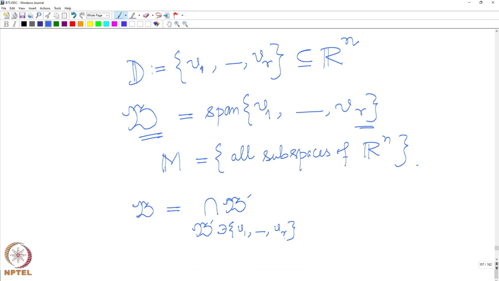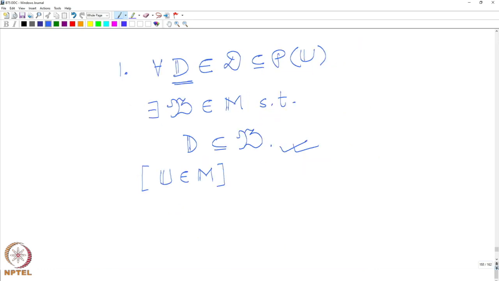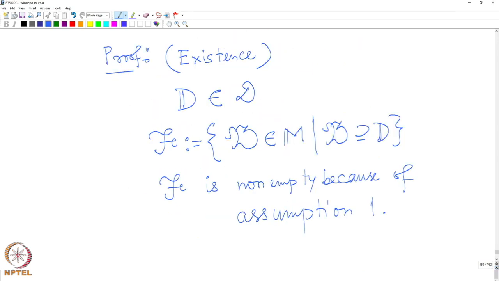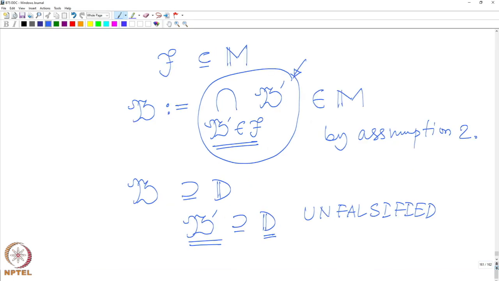Given a set of vectors, the subspace spanned by those vectors is in fact the intersection of all those subspaces that contain that collection of vectors. So, exactly the same logic is followed when we are showing existence of an MPUM. What we are doing, the trick basically, is looking at the intersection of all unfalsified models, right.